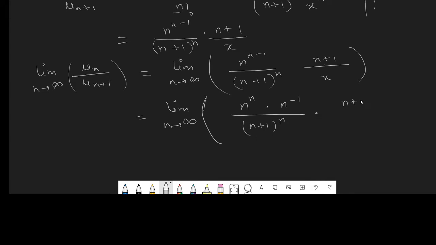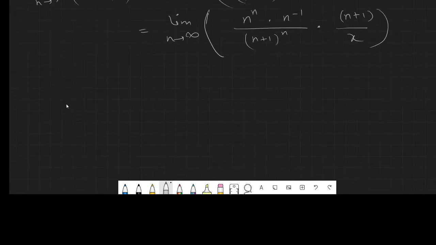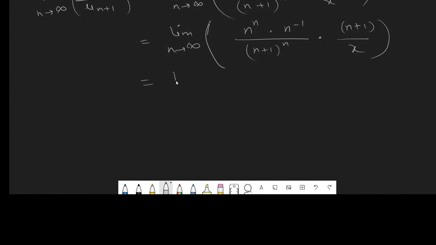So it will be equal to limit n tends to infinity n divided by n plus 1, power n, into 1 by x.